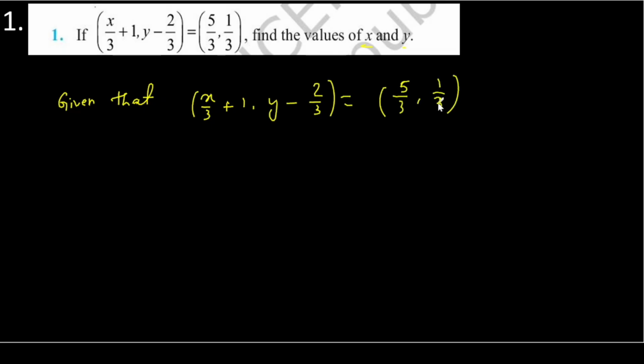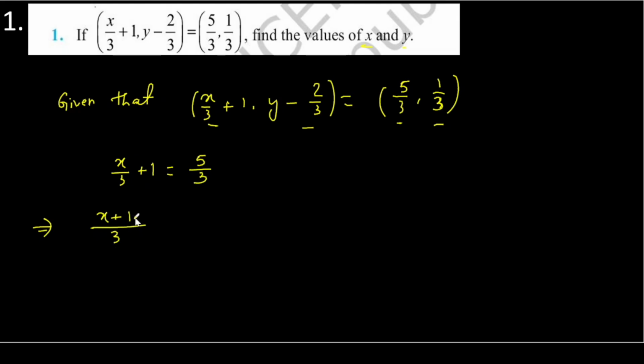It is given that (x/3 + 1, y − 2/3) = (5/3, 1/3). Since it is given, we can write the first element equals the first, and the second equals the second. So x/3 + 1 = 5/3.